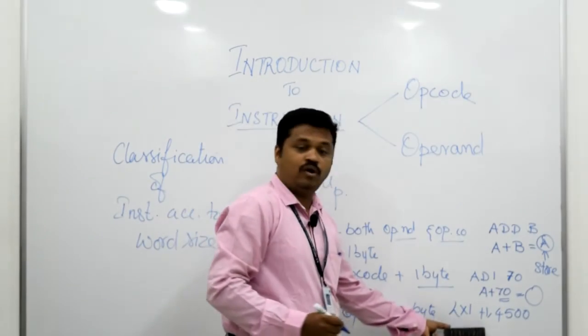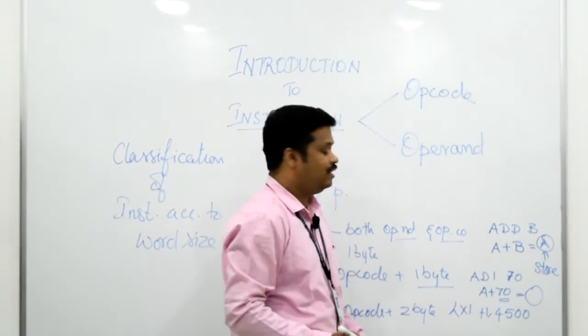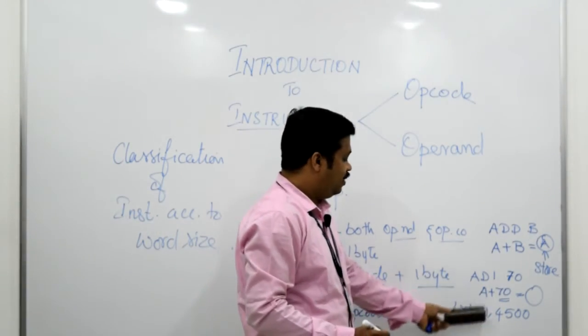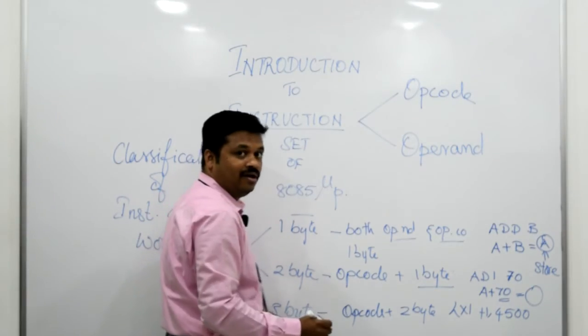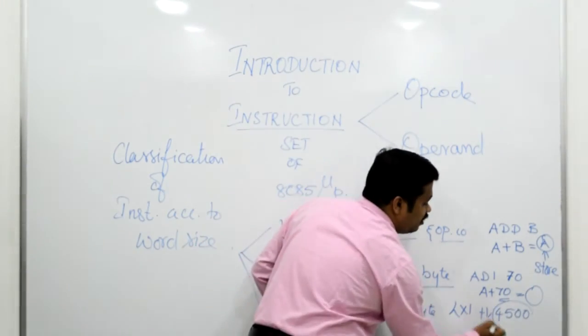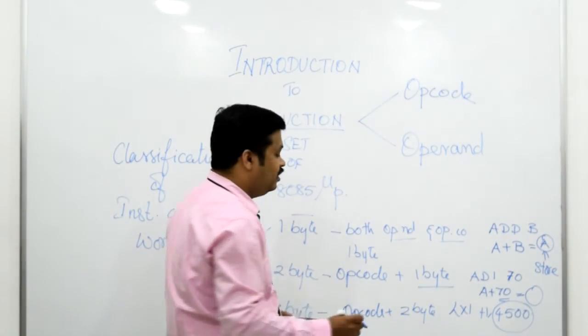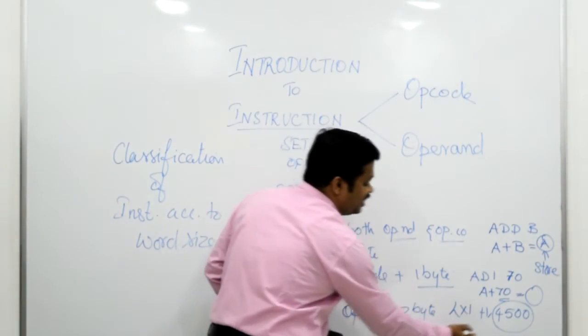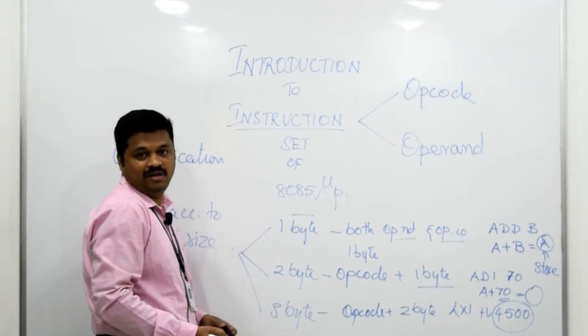You are going to load the content of the HL register pair with the data 4500. So, here you will have the opcode for the loading, that is 1 byte, and you will have an operand which is 16 bit or 2 bytes. If you find any instruction which has a 2 byte operand, that would belong to a 3 byte instruction.